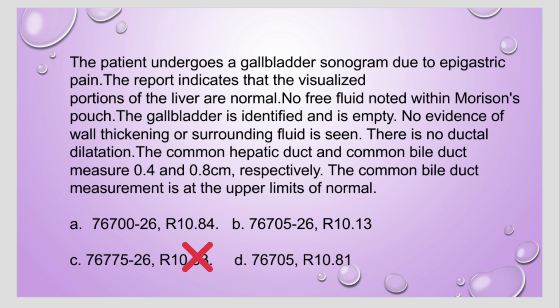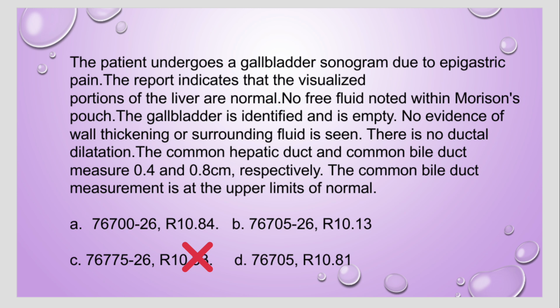Here we have the examination of gallbladder and the portions of liver only, right? Gallbladder is an abdominal organ. So if you are examining the single organ of abdominal cavity, then we can use 76705.